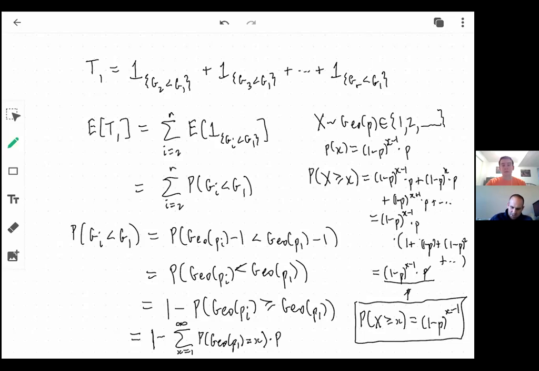So it's going to be the probability that GOPI is greater than or equal to x. Does that make sense? Yeah.